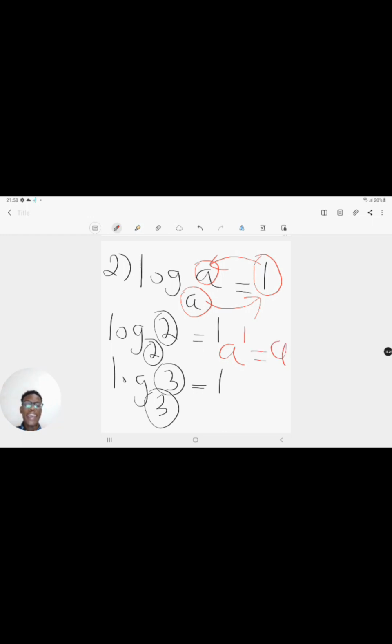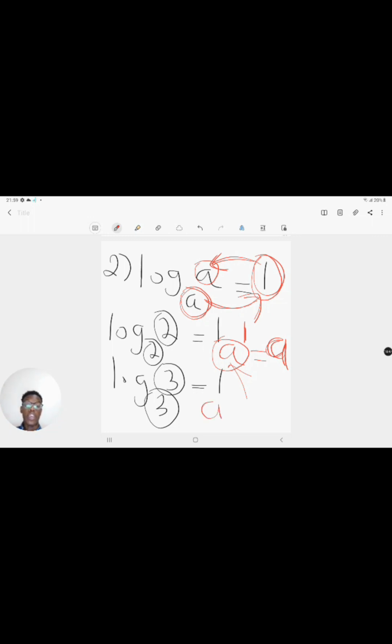It's true. Anything to the power of 1 is equal to that anything. And this is why this principle holds, because anything to the power of 1 is equal to that anything. Doesn't matter what that number is.